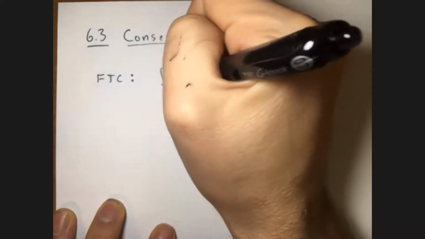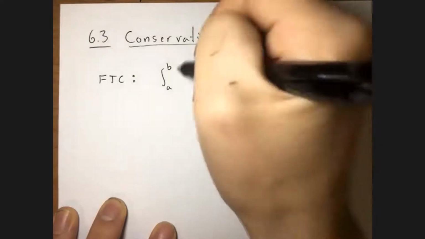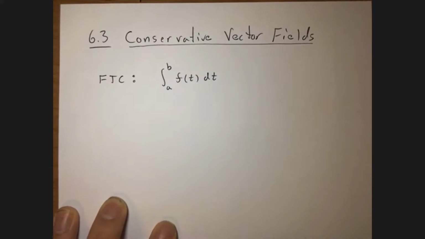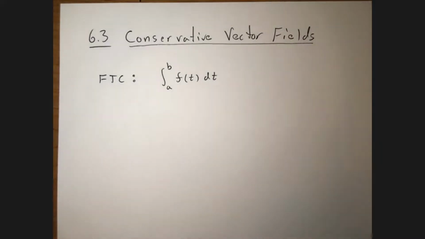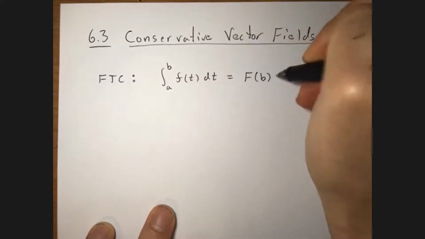There were two formulations of it, but one of them says that if you want to do the integral from a to b of a function, f of t dt, which is really just adding up a bunch of little rectangles underneath the graph of the function and finding the area under the function, well, it says this very, very amazing fact that we use all the time in calculus. It says that you can evaluate this just by taking the difference of two values.